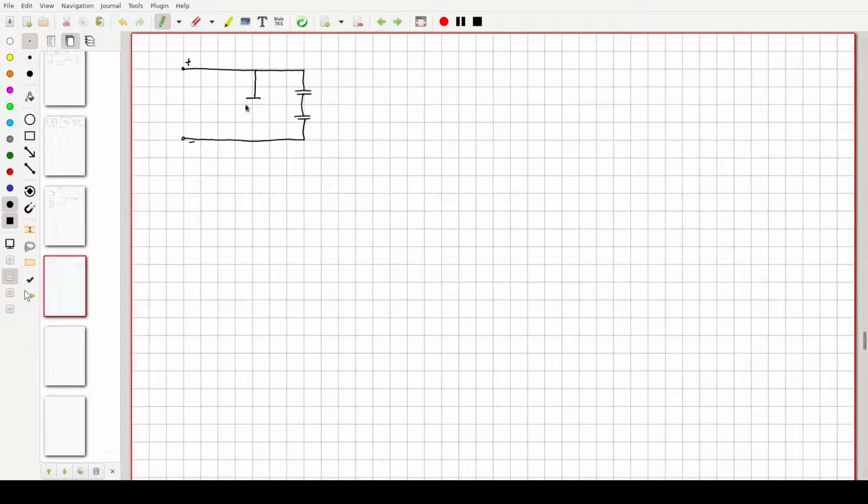Maybe there's one right here. So I'll call this C1, I'll call this C2, and this C3. And let's pretend that C1 is 2.0 microfarads, C2 is 3.0 microfarads, and we'll say C3 is the same thing as C2.